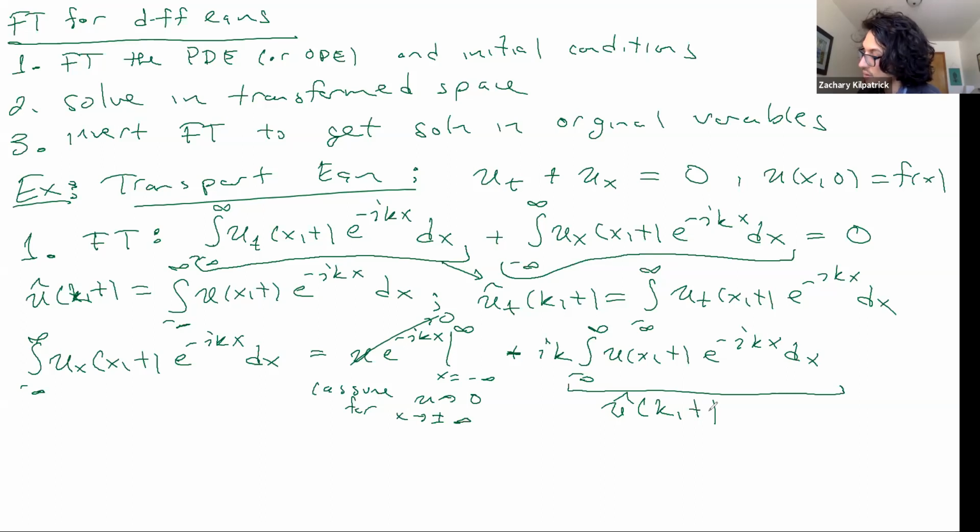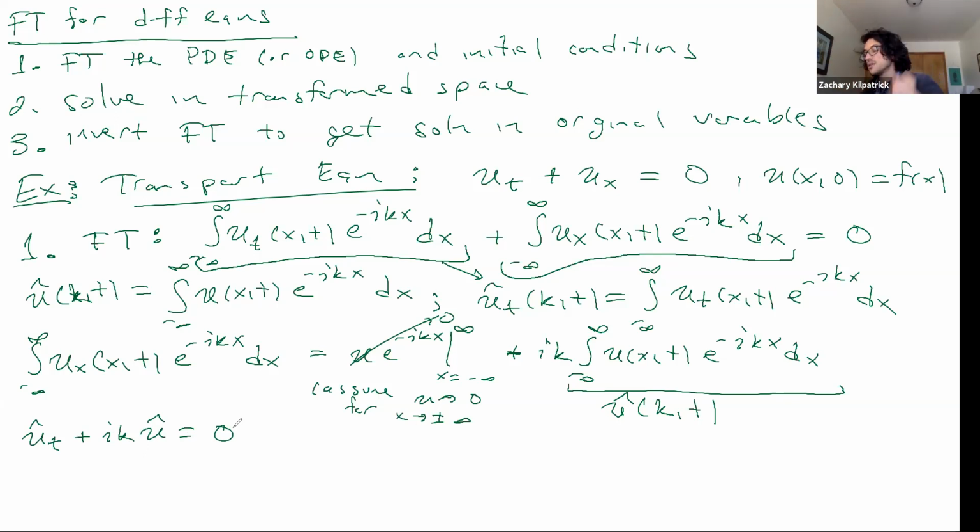Okay, so where are we with this problem? Essentially what we've done is that by Fourier transforming, we've converted it to u hat t plus ik u hat equals 0. We've converted it to essentially an ordinary differential equation with this scaling in k that shows up.